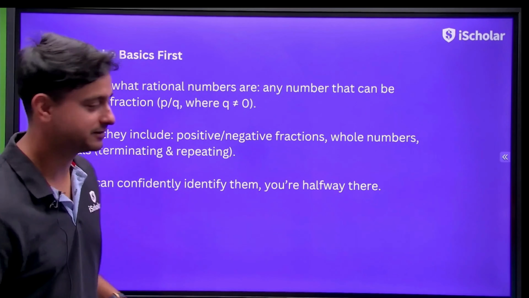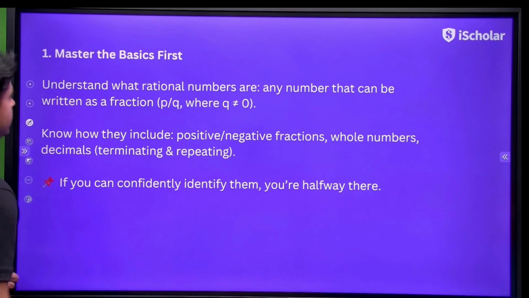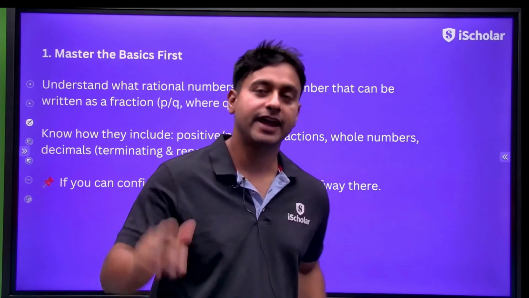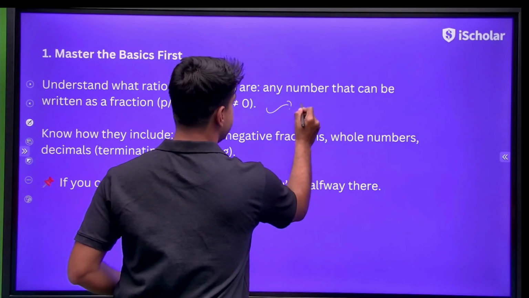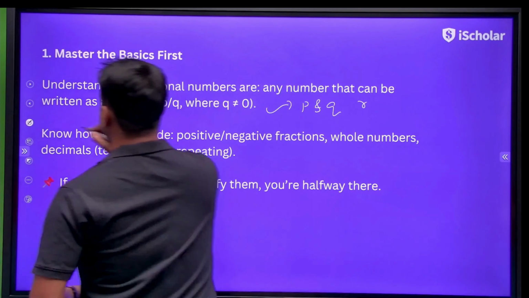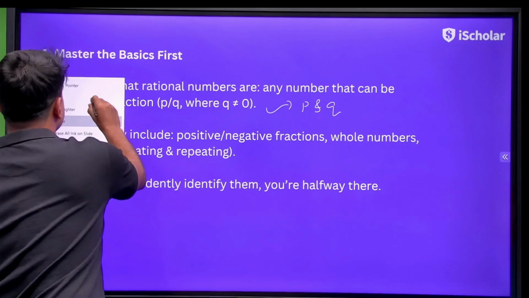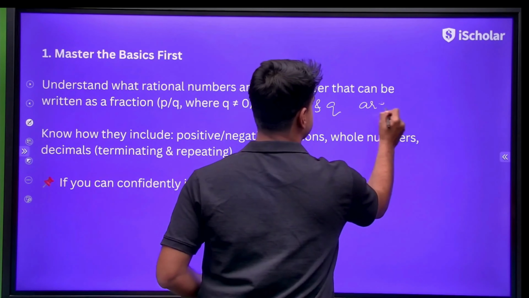we teach our kids. Okay, so here if I look into this concept, basically a rational number is nothing but any number that can be represented in the form of P by Q, where P and Q are integers, right? They will become a rational number when P and Q are integers.